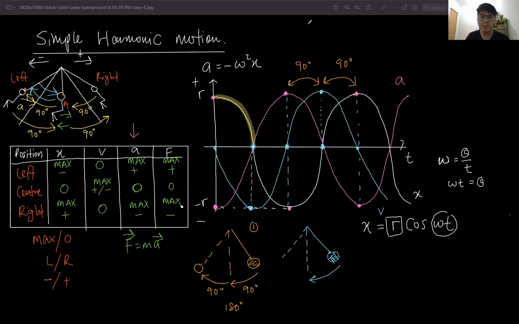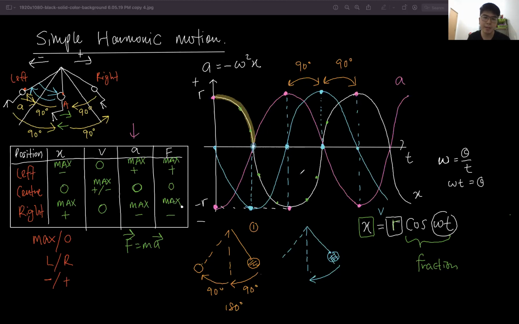Okay. So the way you think about it is like this: x is the displacement at any point in time. It can be here. It can be here. It can be here. At any point in time, the displacement is a fraction of the amplitude. You just multiply r by cos ωt, a fraction.